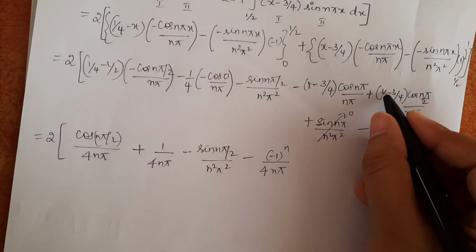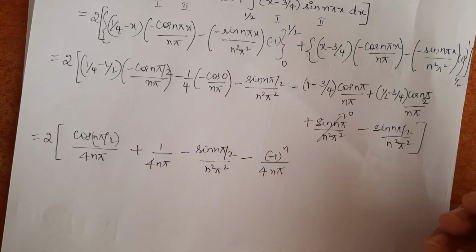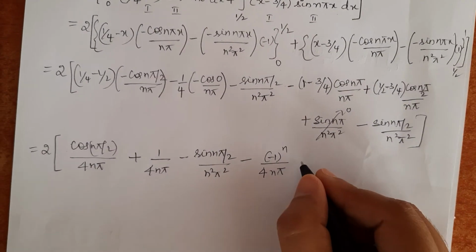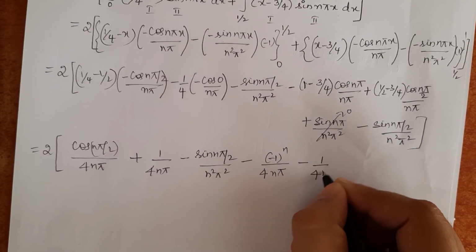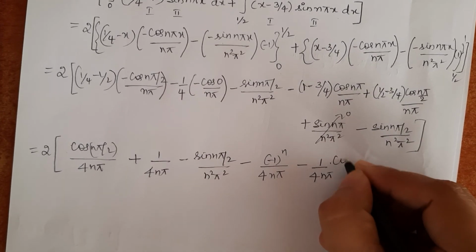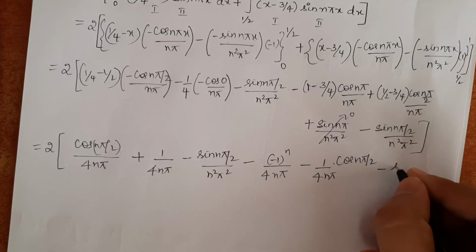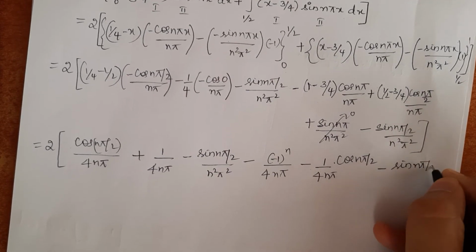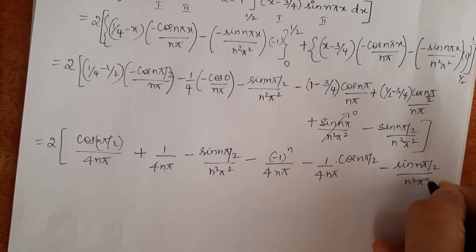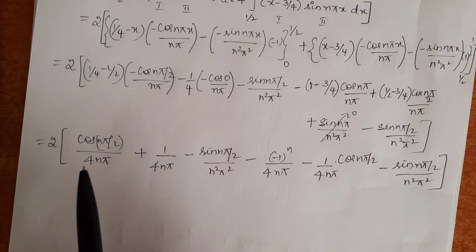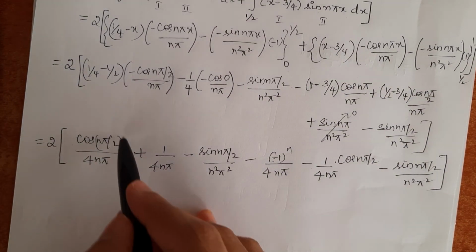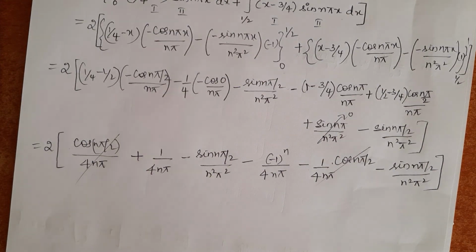Then half minus 3/4 is minus 1/4 n pi into cos n pi by 2, this term. Then minus, the last term is sine n pi by 2 divided by n square pi square. Here plus 1 by 4n pi cos n pi by 2, and the minus term gets cancelled.